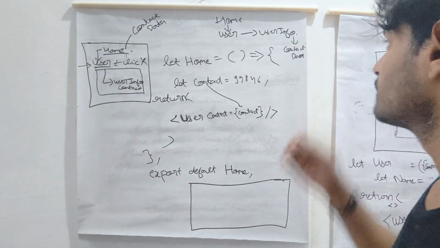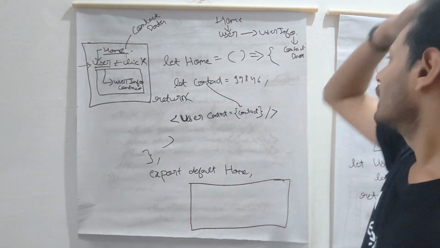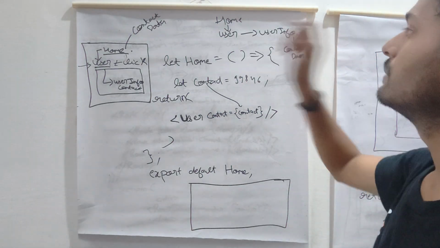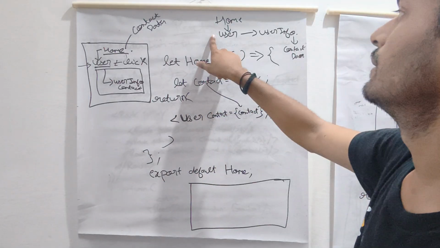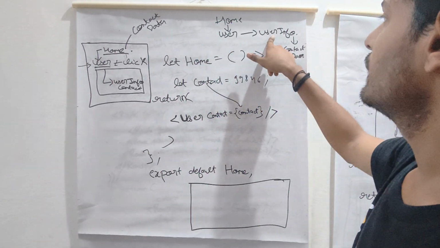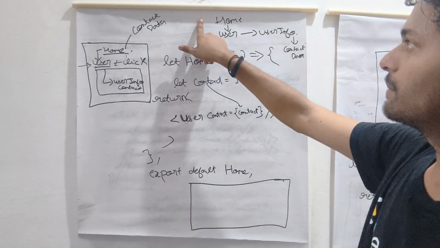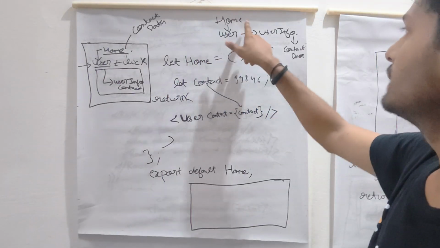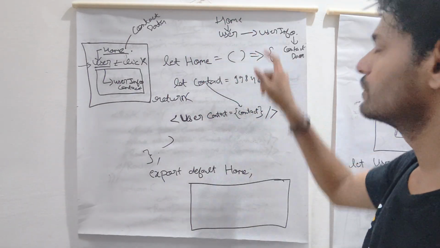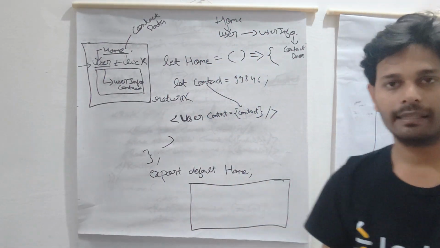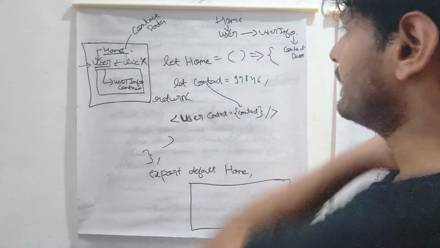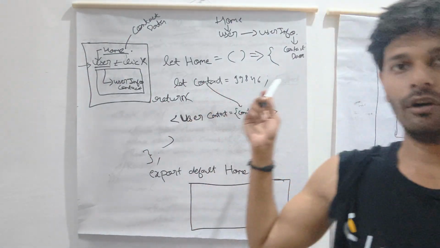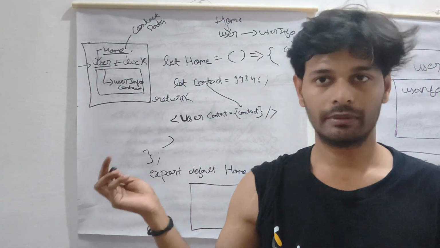Now understand that I am not showing this data here. I don't want to show my contact data here. I want to show it there, but the data is present here, and these two things, home and user info, are not directly connected. So this is the biggest problem of props.